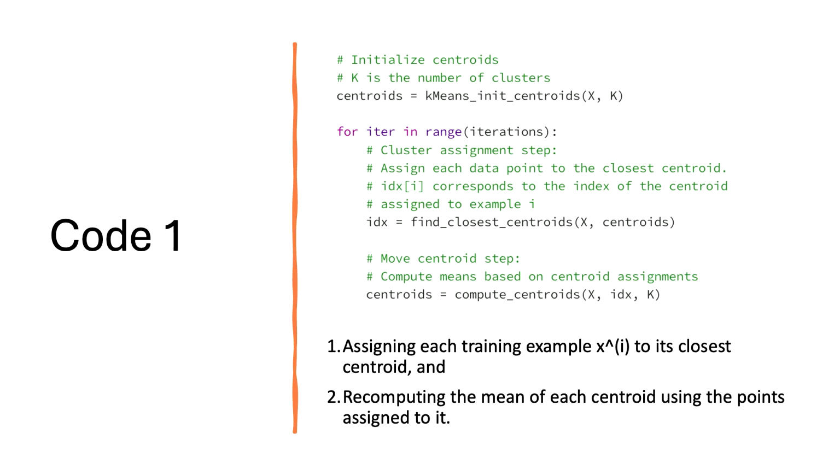Here we have a code implementation. As we said before, in order to implement the k-means algorithm, we need to use centroids. Here, for each training example, we should find some centroids. Also, regarding these centroids, we calculate the mean of each centroid.